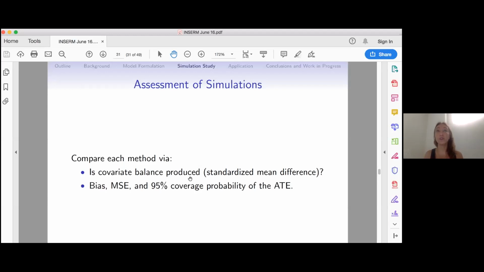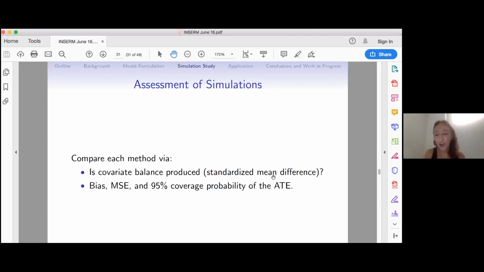That's the whole goal, is to balance confounders so that you can get causal effects. So you will check your covariate balance. And of course, you will also check your bias, your MSE, and your coverage probability for your causal estimate of interest, average treatment effect. Okay, both of these are important.